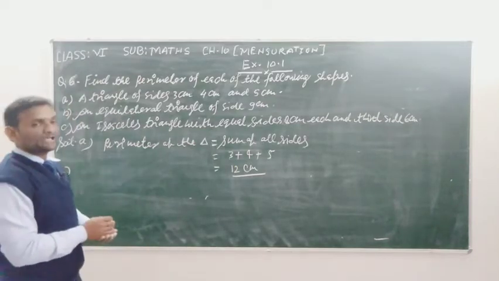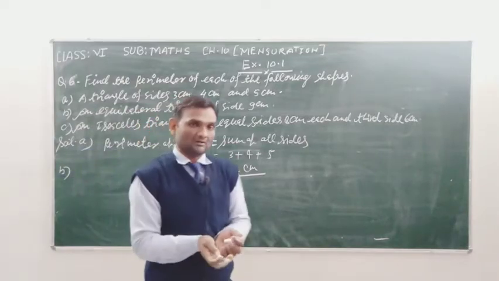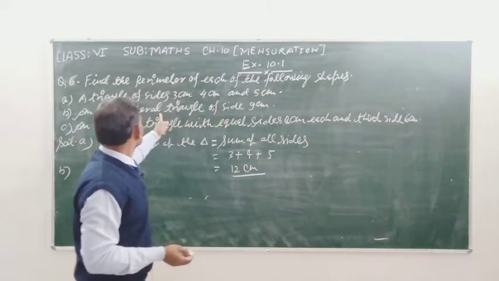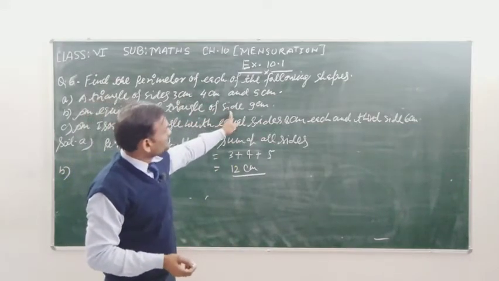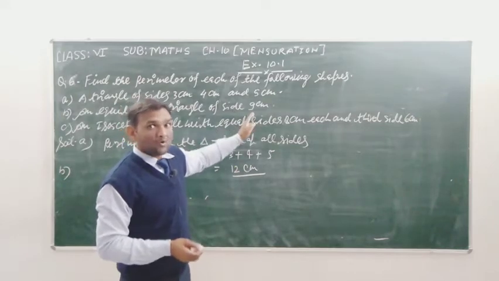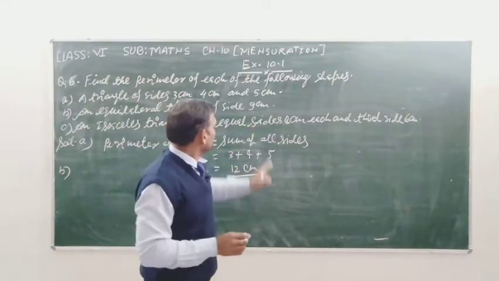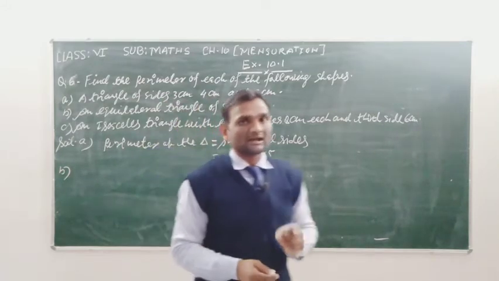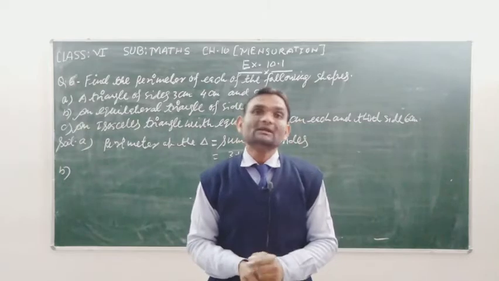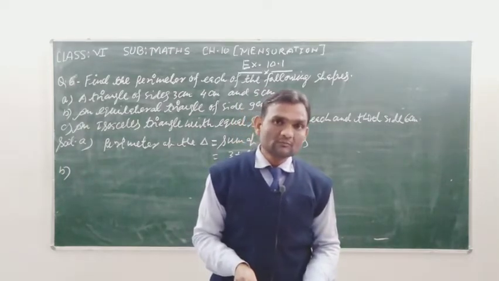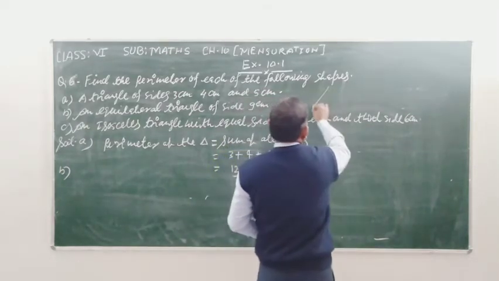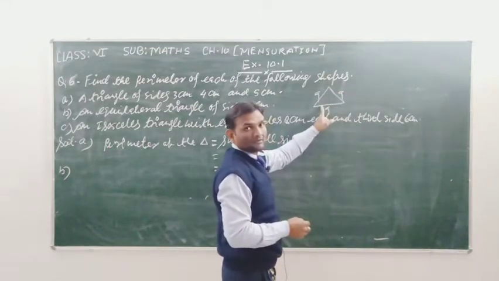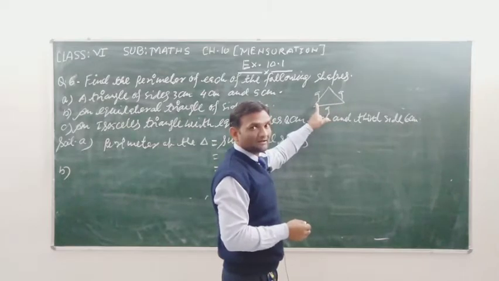And part B is an equilateral triangle. Equilateral triangle means all sides are equal, and a triangle has 3 sides, you know. An equilateral triangle of side 9 centimeter. One side of the equilateral triangle is given. If one side is 9, then the other two sides will be 9 centimeter also, because it is an equilateral triangle.